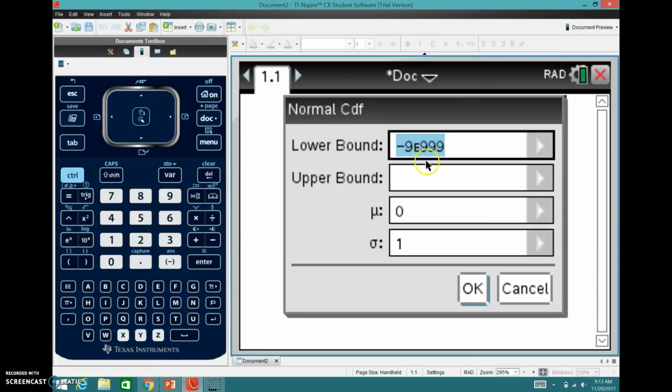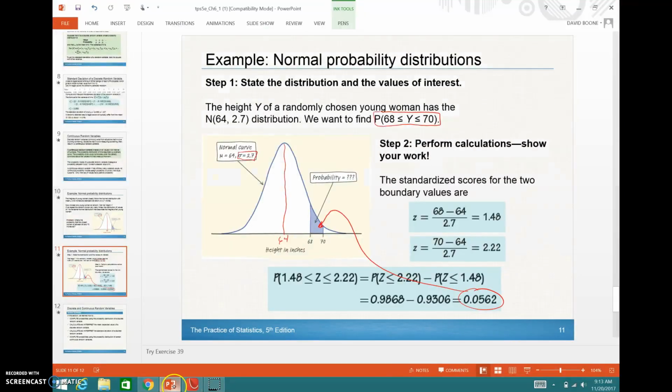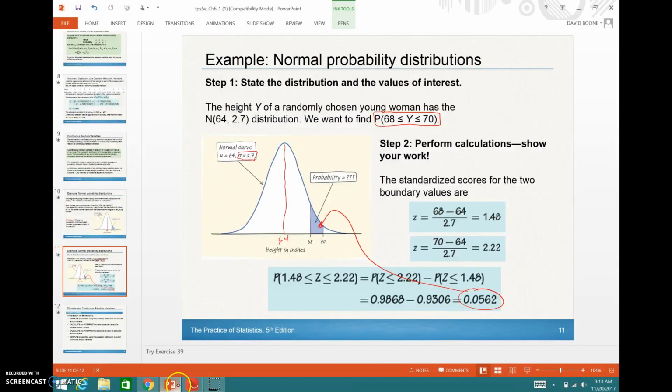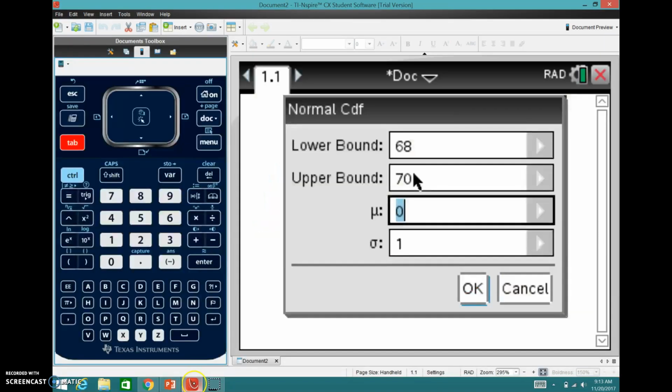Our lower bound in this problem, again, we're back to this problem, the lower bound was 68, and the upper bound was 70. So 68 to 70. Our mean, if we go back to our problem again, was 64 with a 2.7 for the standard deviation.